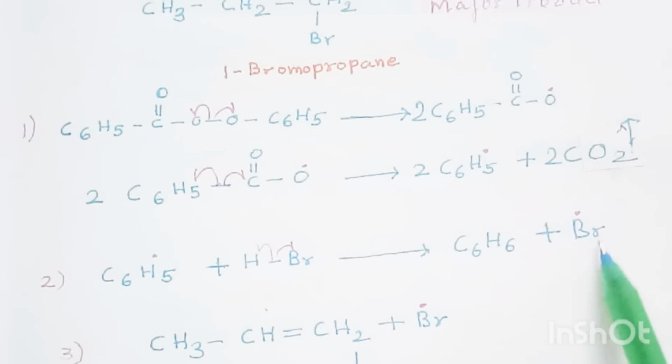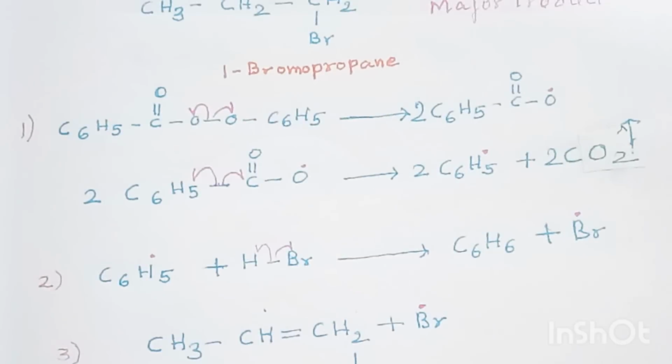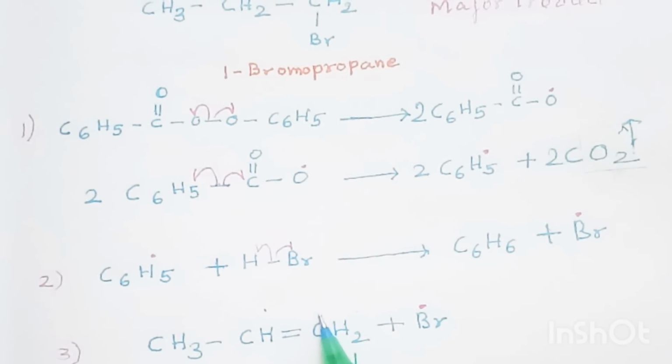Now this bromine radical will attack the propene. So the bromine radical will attack the double bond of this unsymmetrical alkene. If the bromine gets attached to this carbon atom, we get a primary free radical.